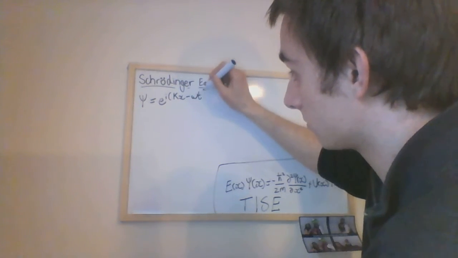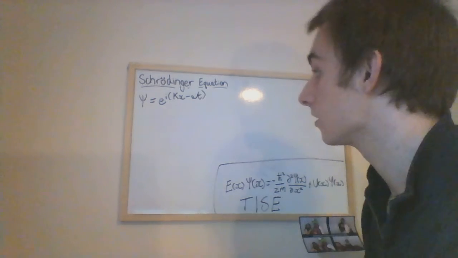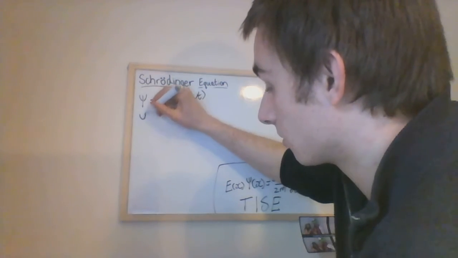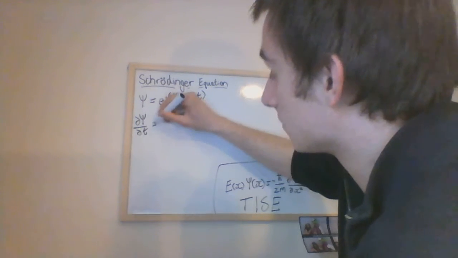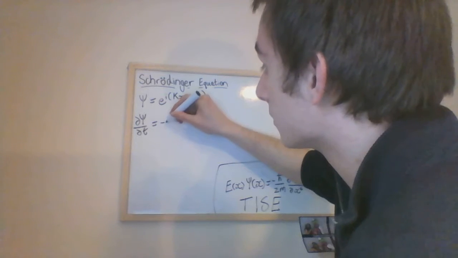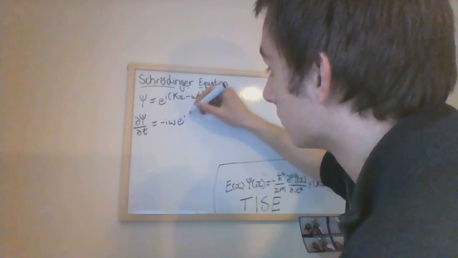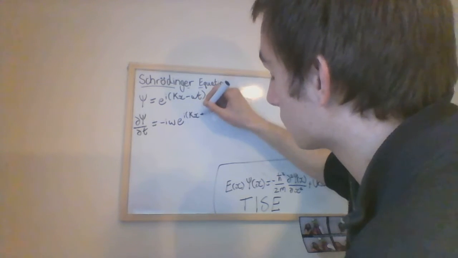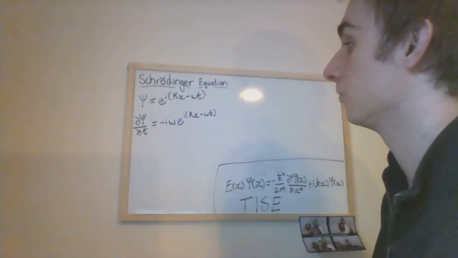kx minus omega t, and we'll differentiate it with respect to t this time, because we're looking for an expression with t in it. d psi by dt is minus i omega e to the i kx minus omega t, and we know who that is.